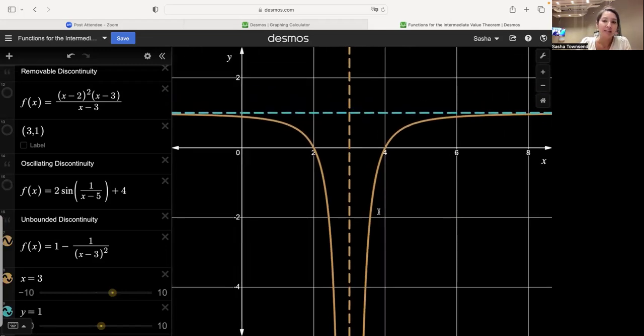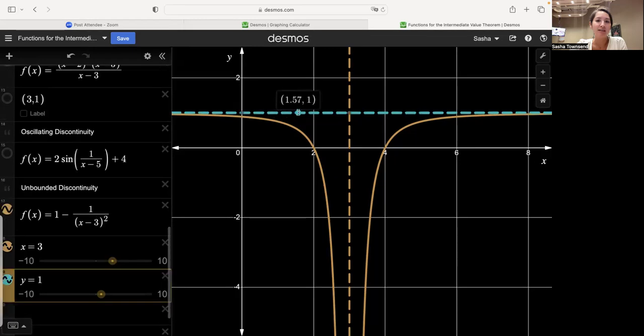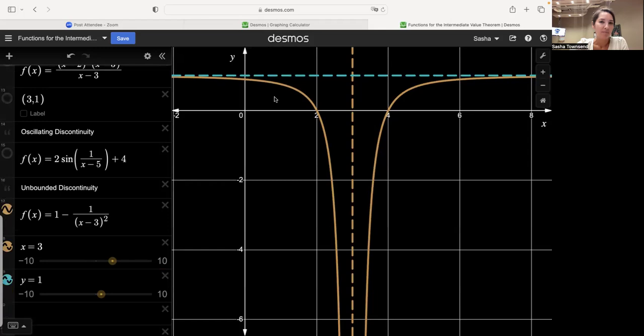We can use the intermediate value theorem to show that f of x equals k has a solution, as long as k is in the range of this function, the range is negative infinity to 1. So the y values on the graph go all the way from negative infinity all the way up to 1, and then they stop. That's the maximum of the function. But we need to be on an interval that does not include this x equals 3, because x equals 3 is an unbounded discontinuity. That means the function is discontinuous there.